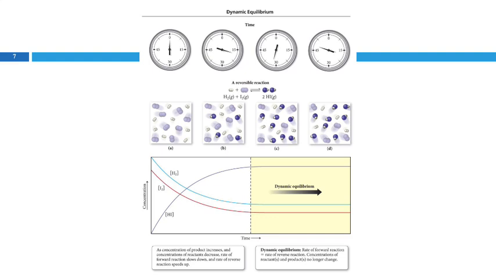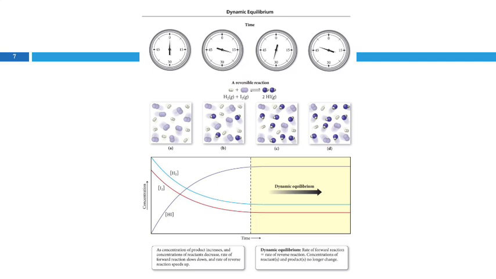So the dynamic equilibrium is when the reactant and the product are in the same amount of concentration? No, actually. That's a great question, though. So the question was, is the dynamic equilibrium when the concentrations of the reactants and the products are equal? That happens with a very few, but not with most.